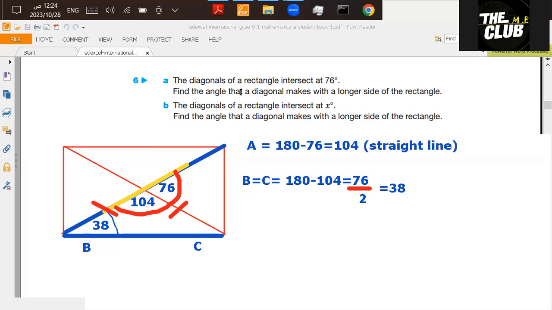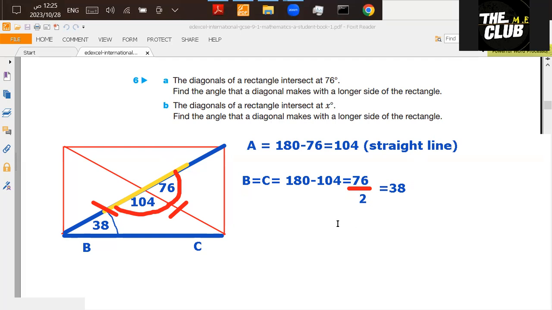Here, the question says the diagonals of a rectangle intersect at angle X. So this time they gave us angle X. Now we're gonna do the same thing, but this time it's gonna be angle X, not 76, okay? Find the angle that a diagonal makes with a longer side of the rectangle.